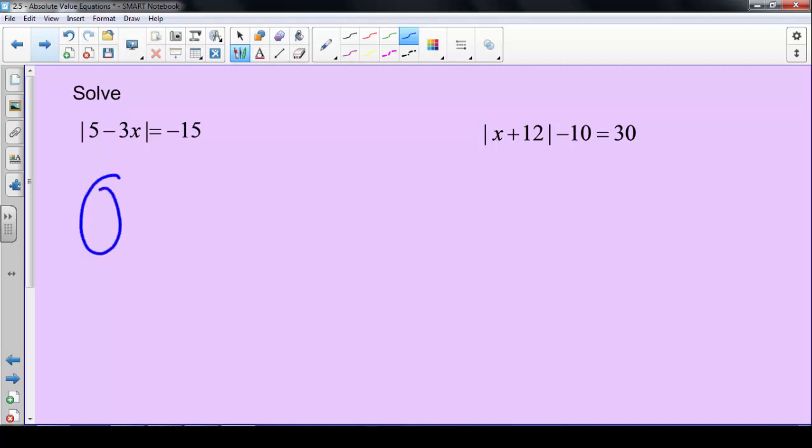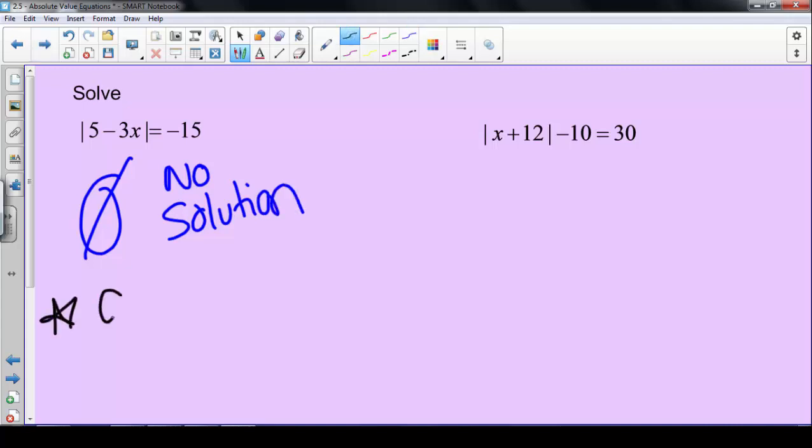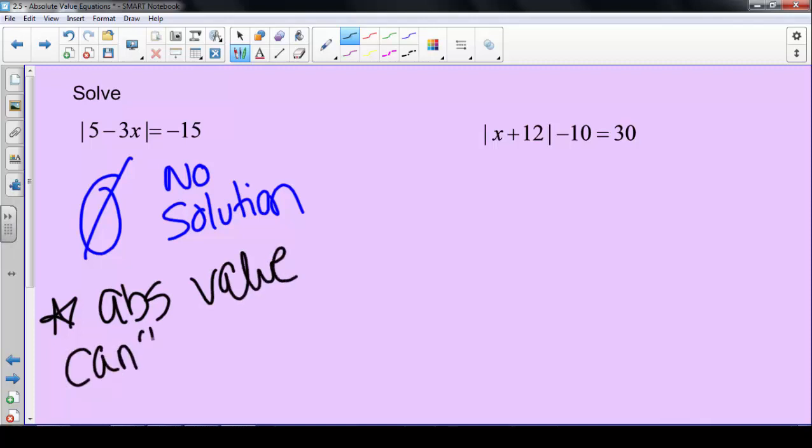So this is no solution. If you want to write the words, that's fine. Reason being, absolute values cannot be negative. And notice it's asking us when is it equal to a negative.